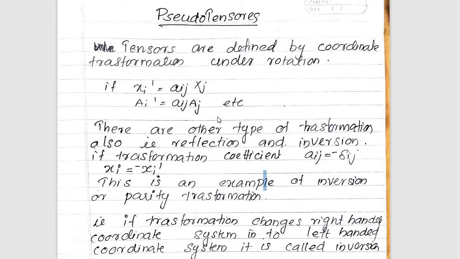So this rotation is one type of transformation. There are other types of transformations also. They are reflection and inversion. In the case of inversion, the coordinates change sign.